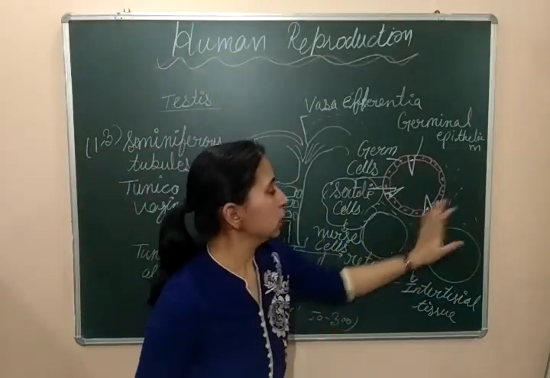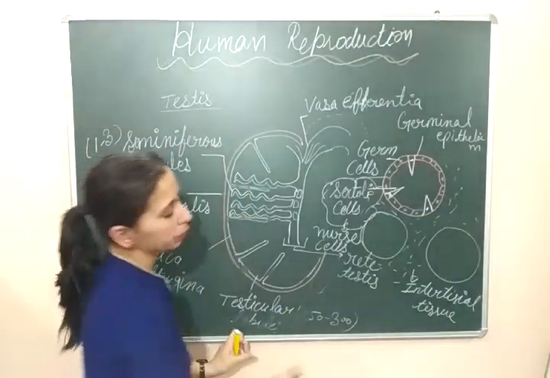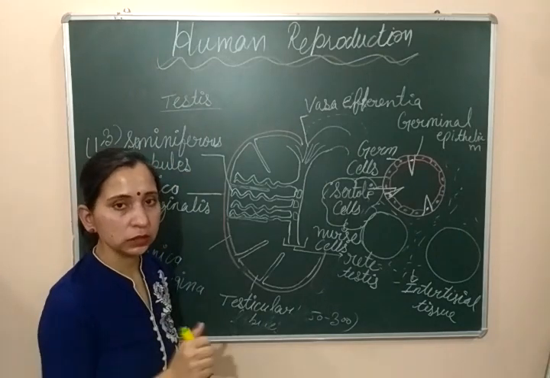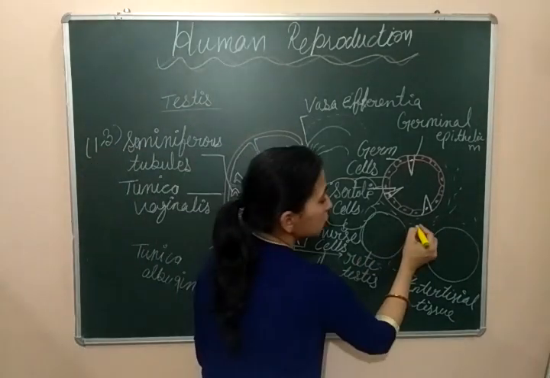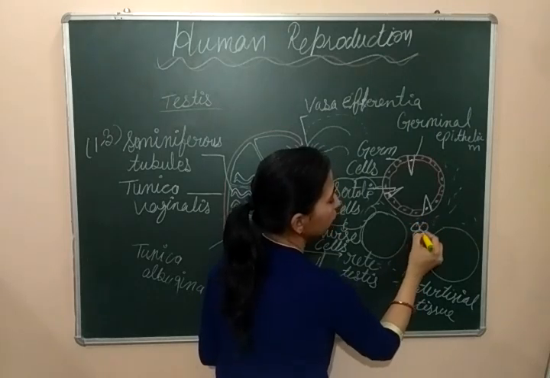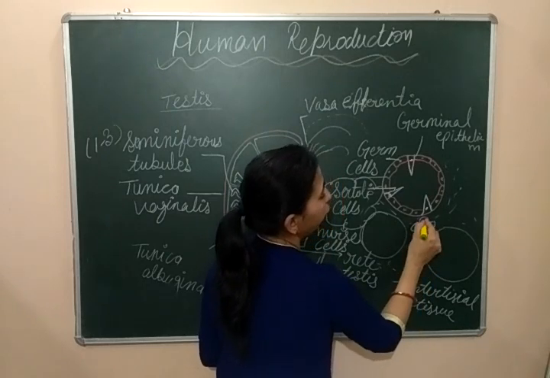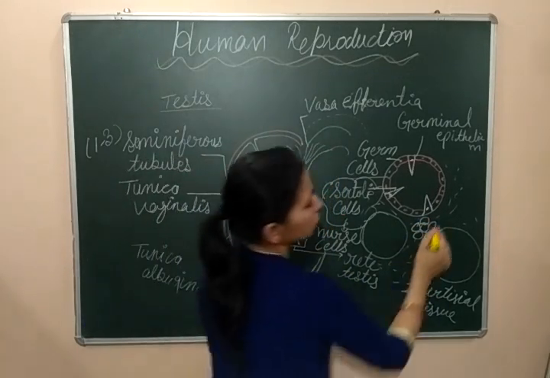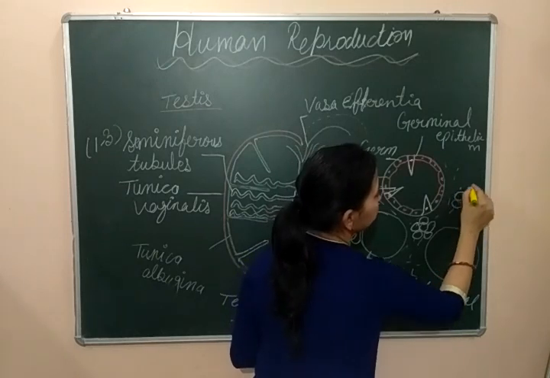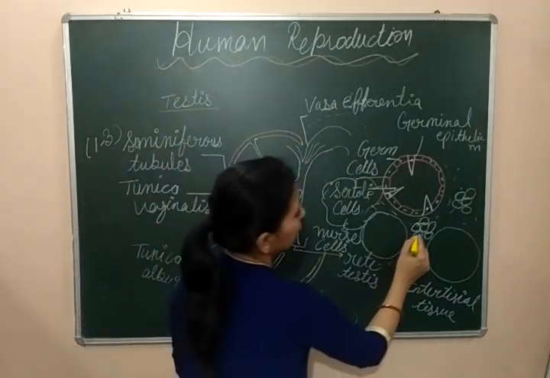Between these, the space is filled with interstitial cells. यहाँ पे जो space है, this space is filled by interstitial tissue, and inside this interstitial tissue, some groups of cells are also found. यहाँ पे भी कुछ cells का एक group नजर आता है. This space is also covered by some cells. These cells are known as Leydig cells.